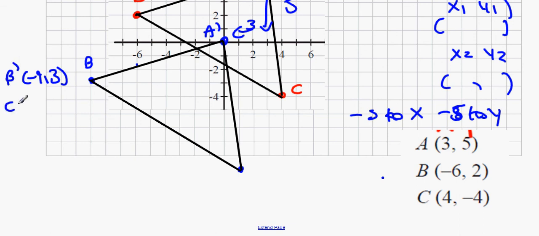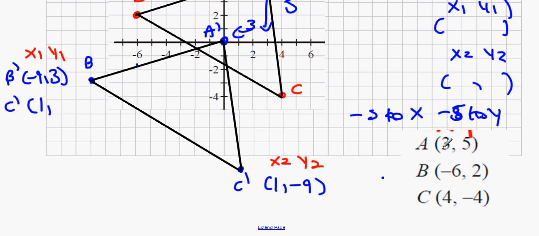C dash, once again, you're going to take away 3 to the X. So C dash is going to be the point 1. And then minus 4 minus 5 is minus 9. So now we know what x1 and y1 is for our new formula, and x2, y2.